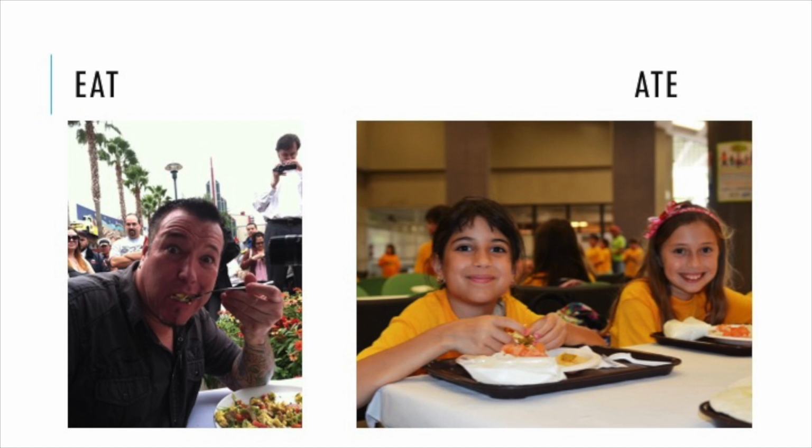But notice what you have to do. A good way to remember, eat, what's the first letter of eat? E. For the past tense form, take the E and move it to the back. And then what word do you get? Ate. Take the E from eat, move it to the back, and then you've got ate.